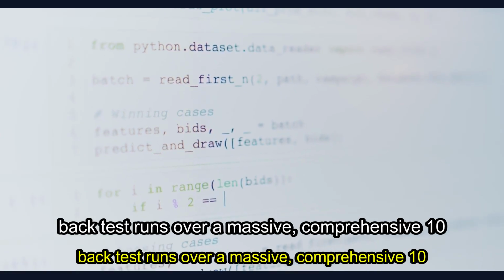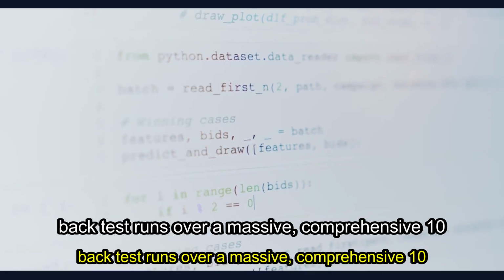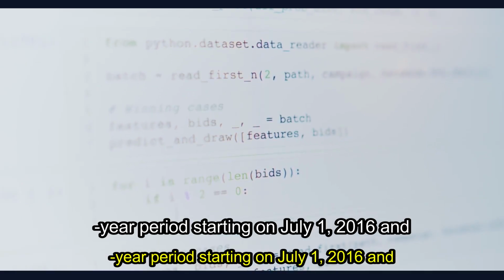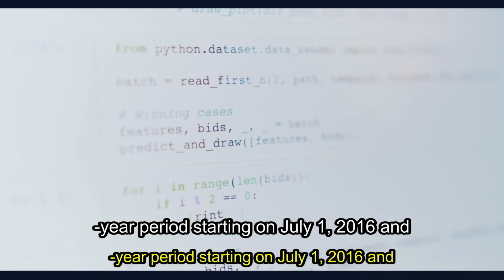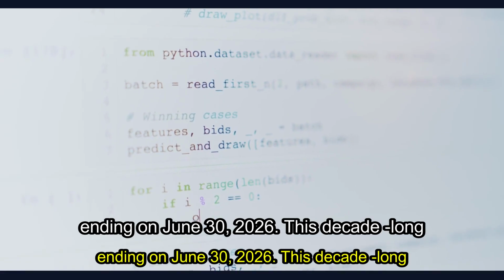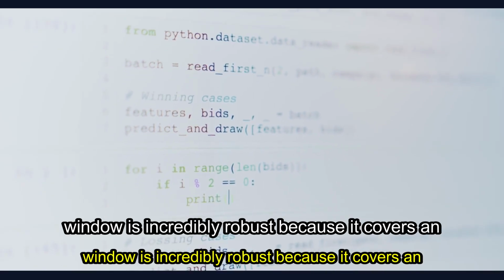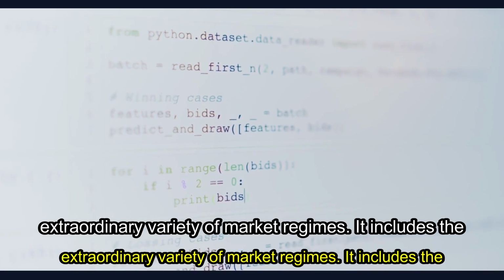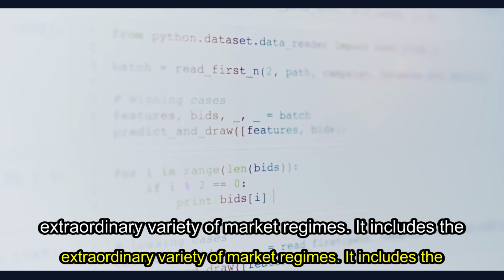The backtest runs over a massive, comprehensive 10-year period starting on July 1st, 2016, and ending on June 30th, 2026. This decade-long window is incredibly robust because it covers an extraordinary variety of market regimes.